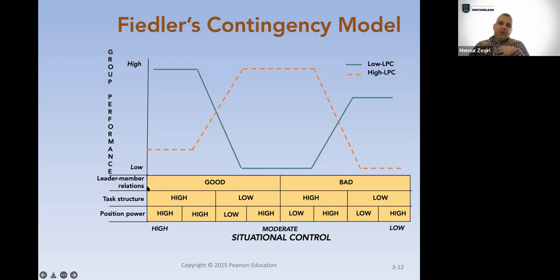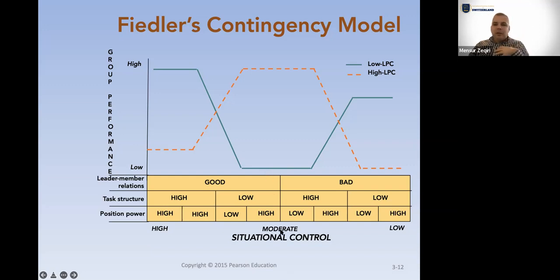However, we should pay attention to the good and bad relationship between members and the leader, as well as the task structure. So that will require that we adjust to the situational control in order to achieve the highest group performance.